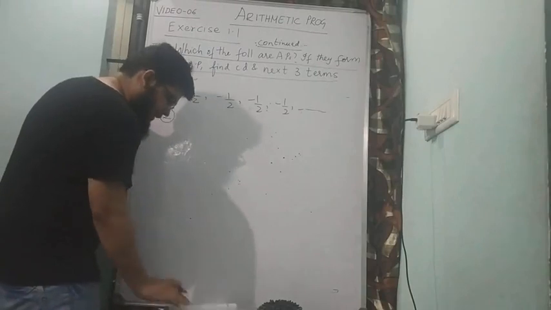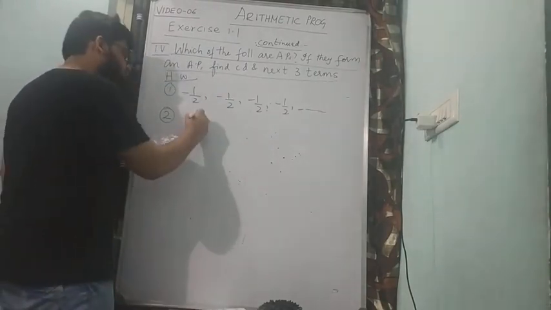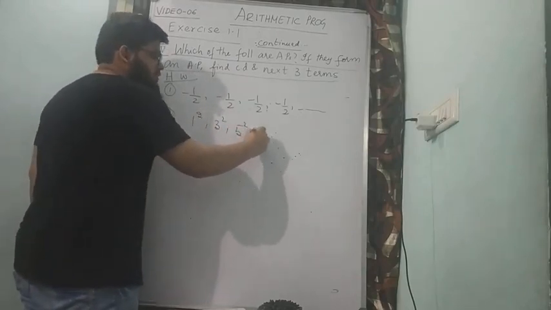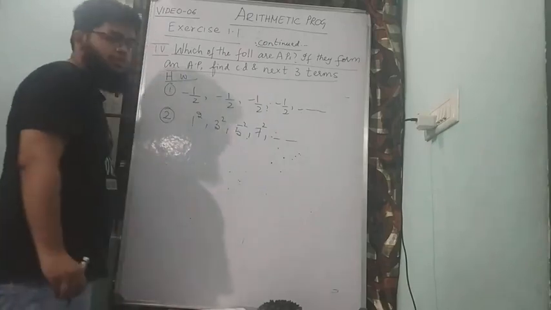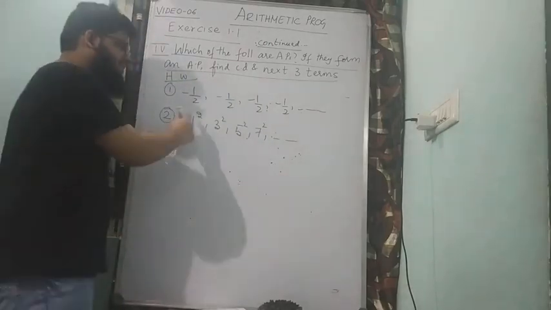Second question I will give will be 1 square, 3 square, 5 square, 7 square. I will try to give you the first step and then you can continue. These are in squares.